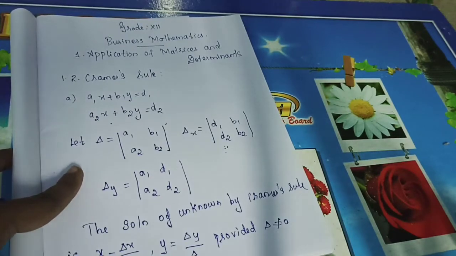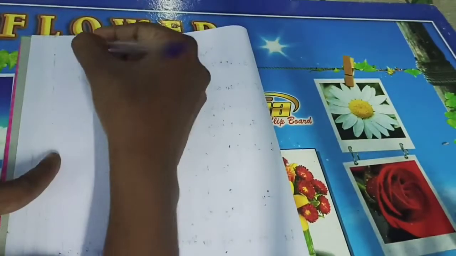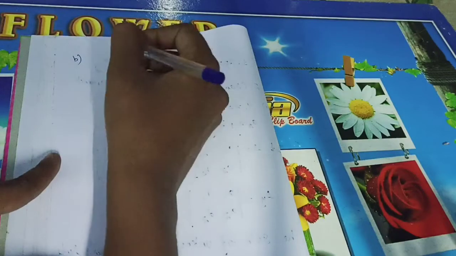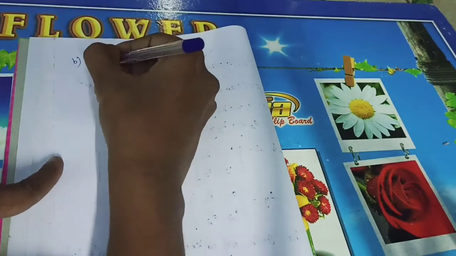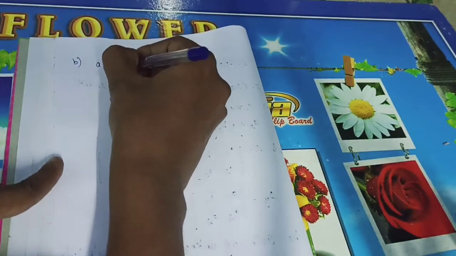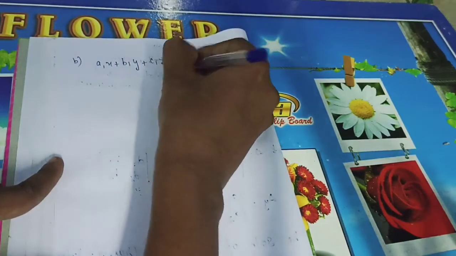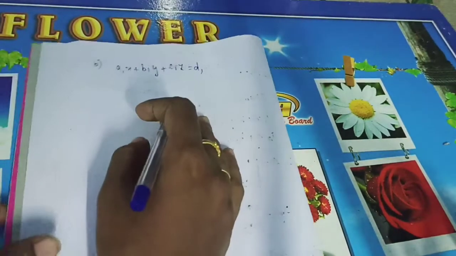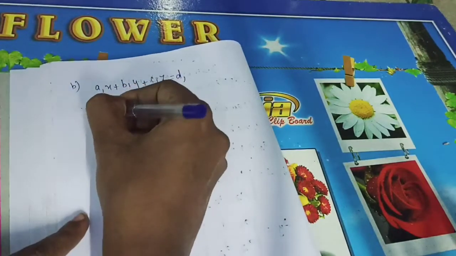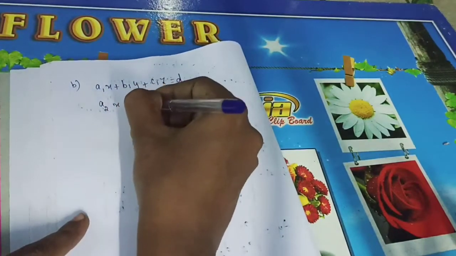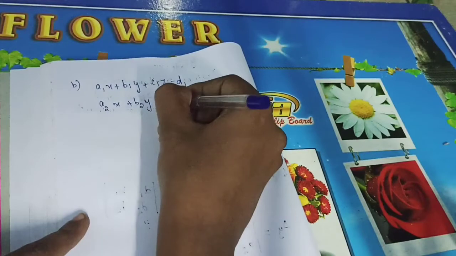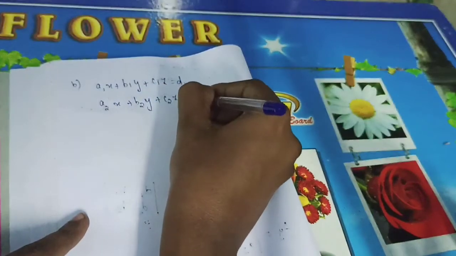Next I will explain what you will do if there are 3 unknown variables. Now listen, I am going to consider three linear equations. a1x plus b1y plus c1z is equal to d1. Then the next equation, a2x plus b2y plus c2z is equal to d2.